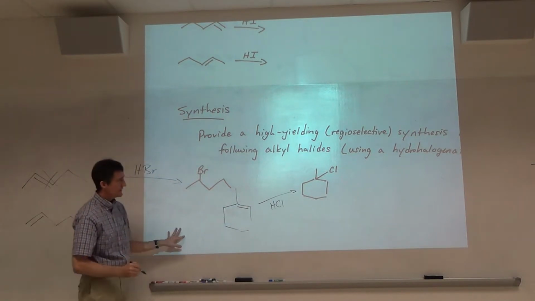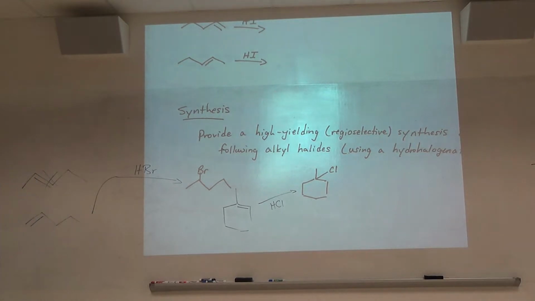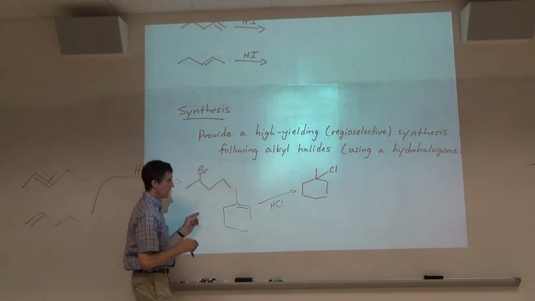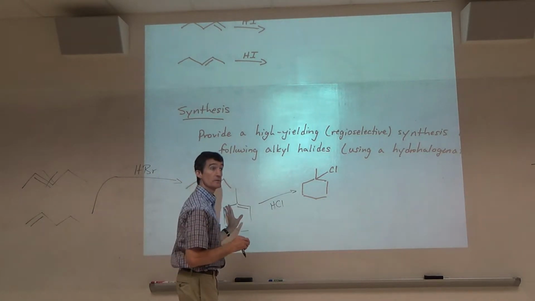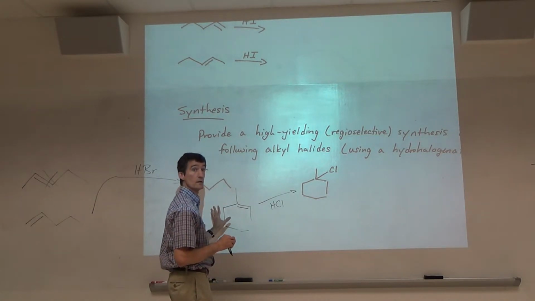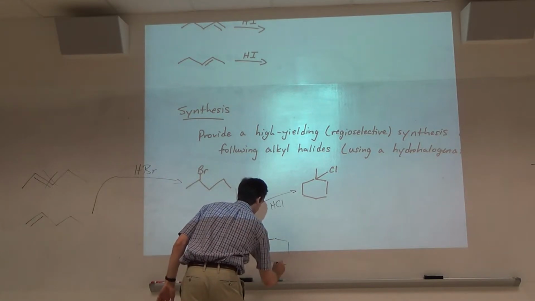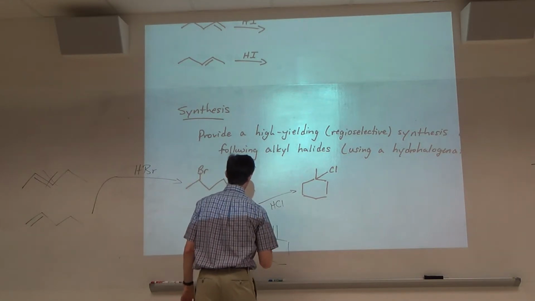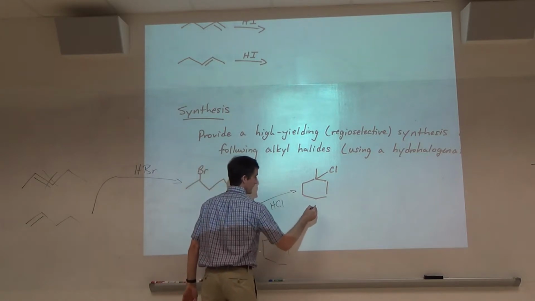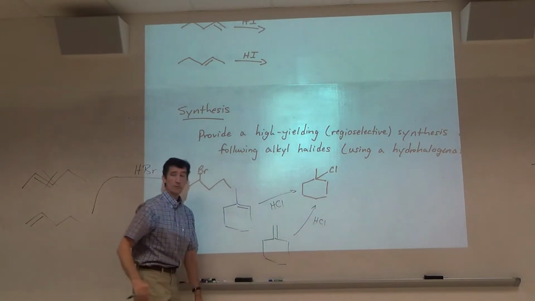Why don't I put the double bond there? Is that reaction going to be good for regioselectivity? Yeah. But you could put it on that list. Somebody got another starting material? You could also react it with, either one would be good.